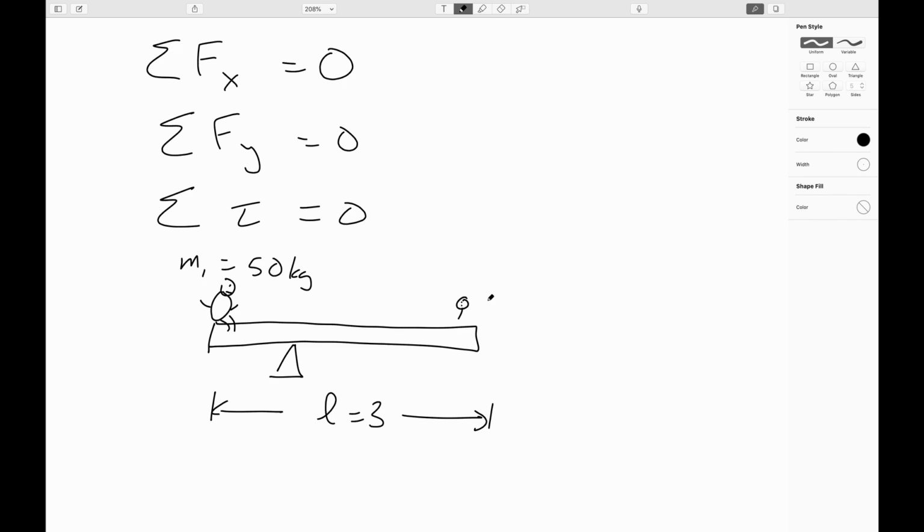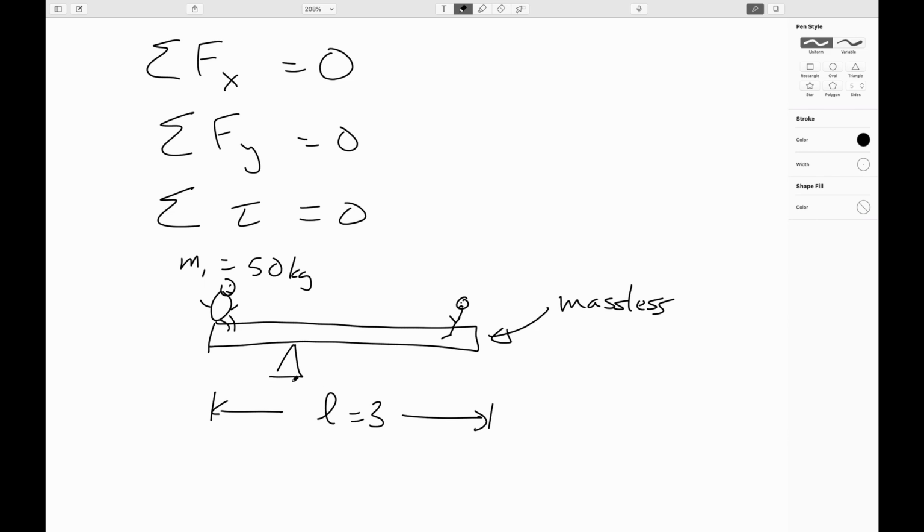He's not quite so happy about it because they know that they're going to get launched into space, or they're afraid of that anyway. There we go. Well, again, just to make life a little less bad, we'll make the teeter-totter itself massless.